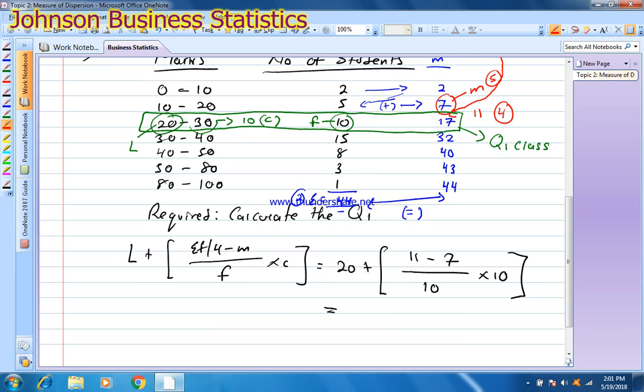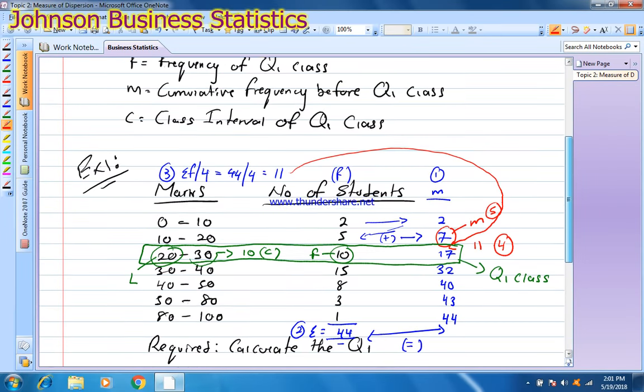You should get 24 marks. Okay, so this is how you calculate the quartile 1, or we call it the lower quartile.